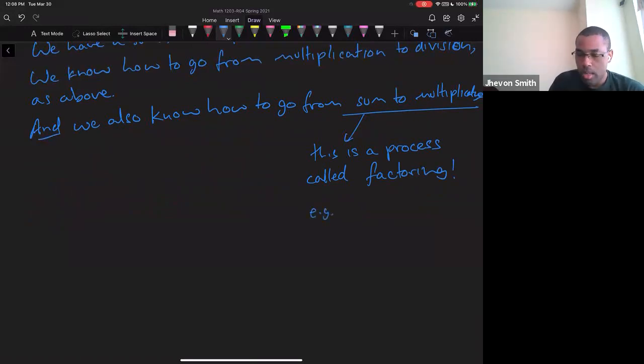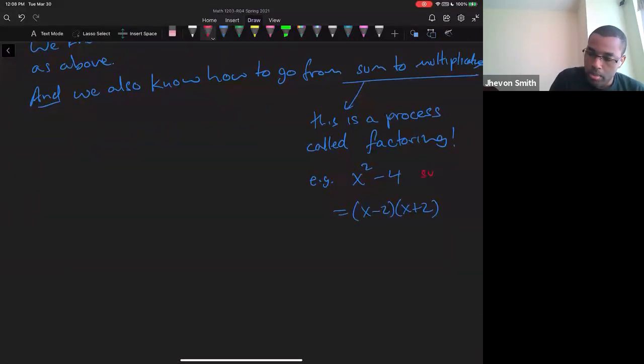So for example, if I have x squared minus 4, that is x minus 2 times x plus 2. Notice that what I had here is a sum, and what I have here is a product. Factoring is a nice way to go from sums to products.